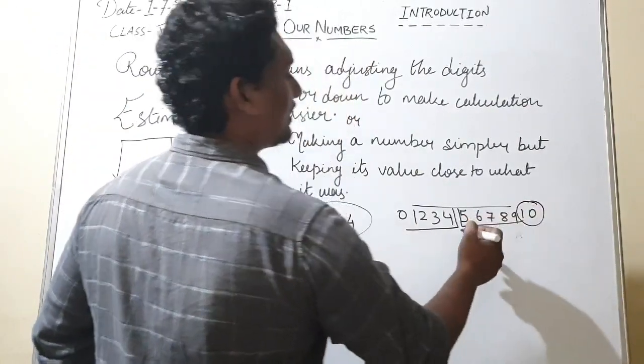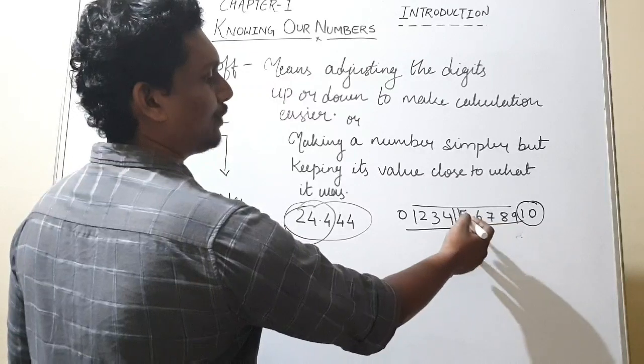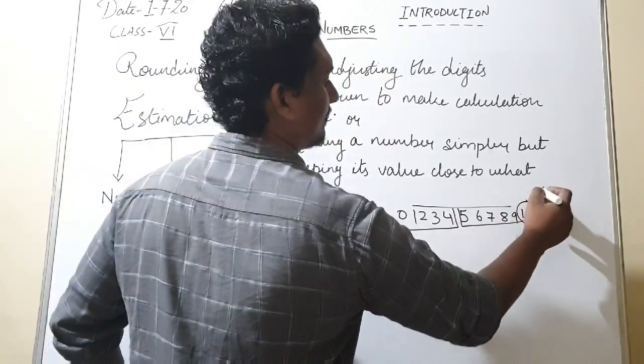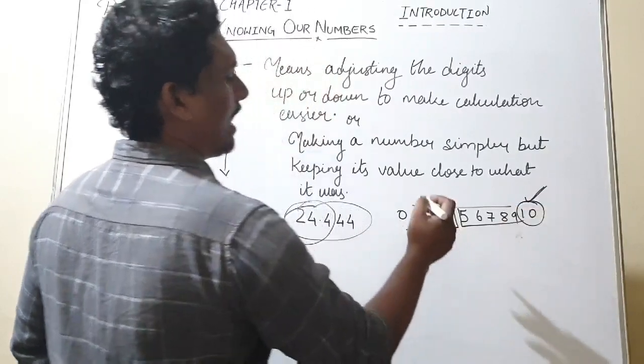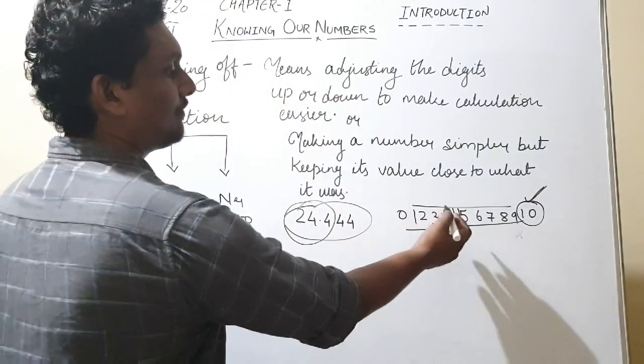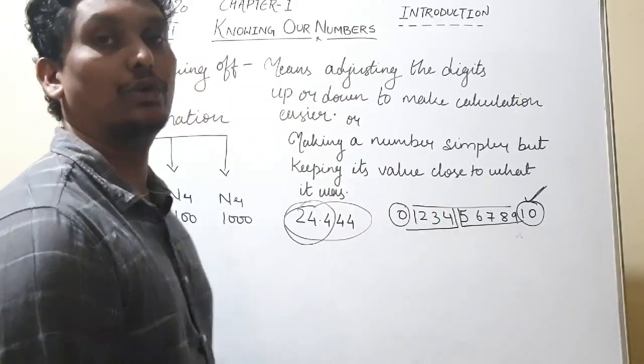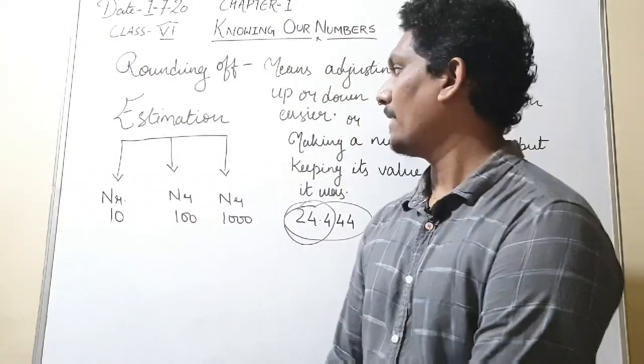So if the digit is 5 or greater than 5, it goes up to this place, and if the digit is less than 5, it comes under the section of 0.